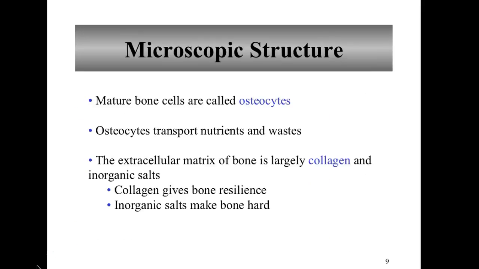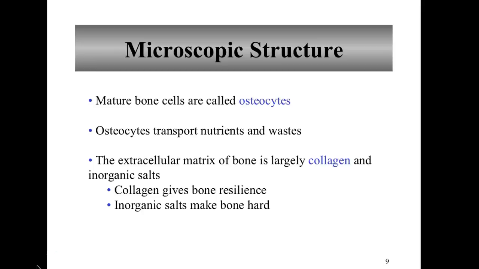So overall, we do have the microscopic structure of bone. We do know that mature bone cells are called osteocytes. So where does this all come about? I think it's covered on pages 205 and 206. You could see figure 7.4 and figure 7.7 go over osteocytes.